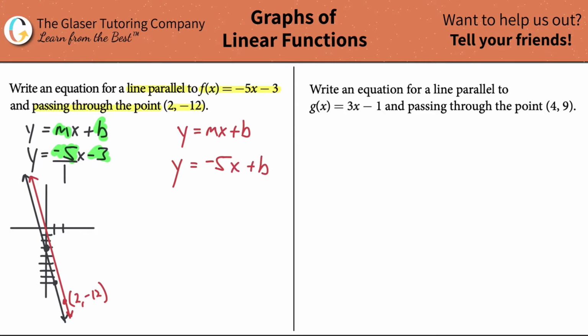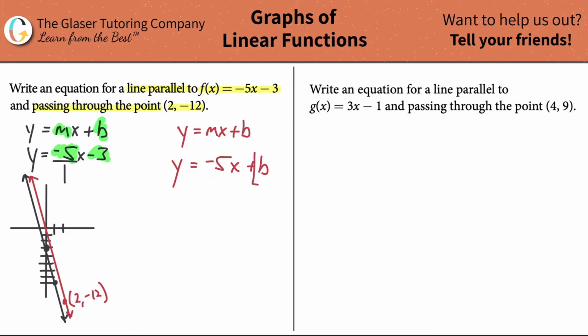Now, remember, what defines a linear line is two things: the slope and the y-intercept. So if I need to create an equation, you've got to give me this form, y equals mx plus b, with a known slope and a known y-intercept. We know the slope because it's parallel to the other line, so that's the same.